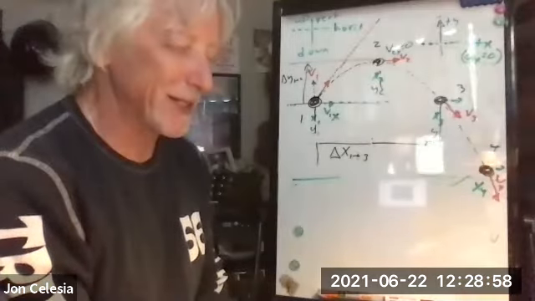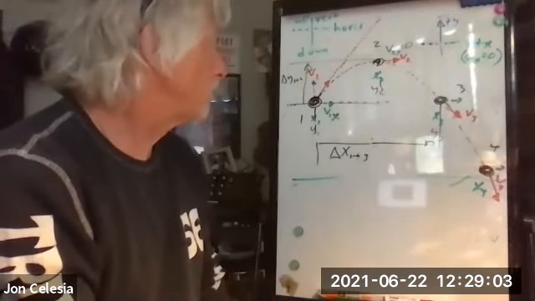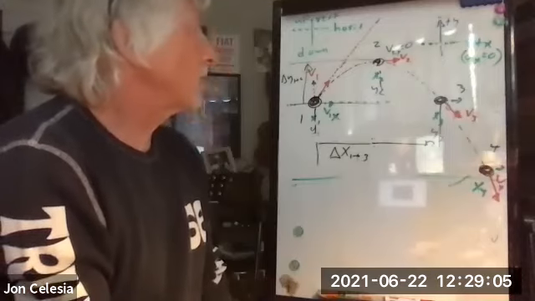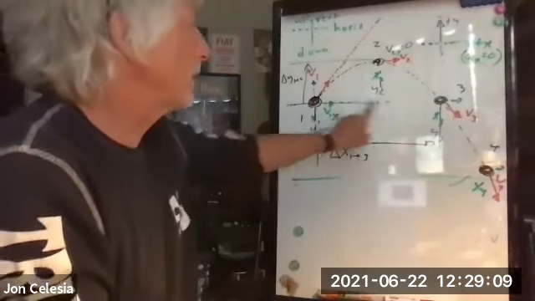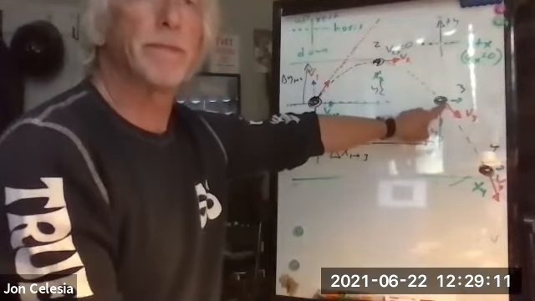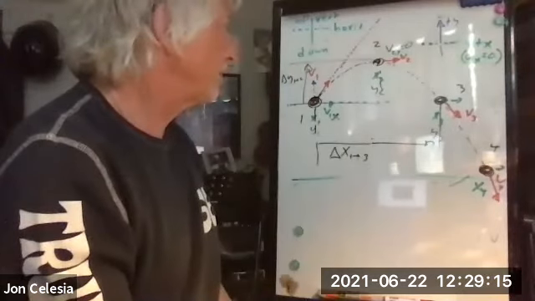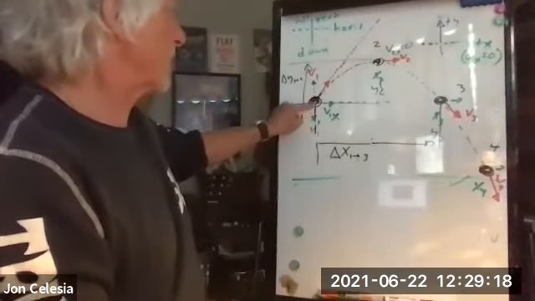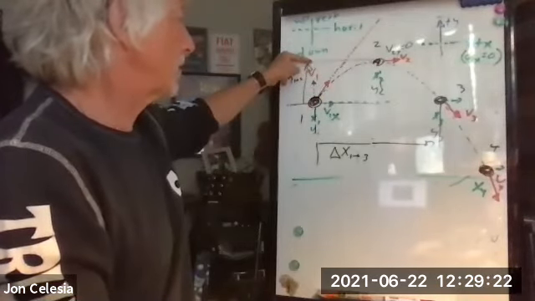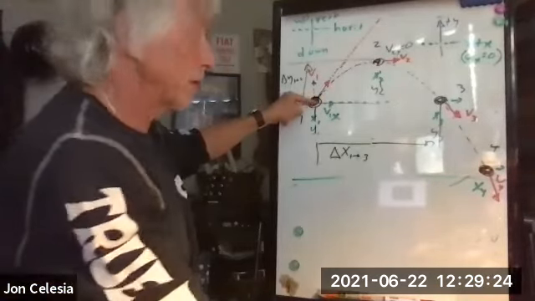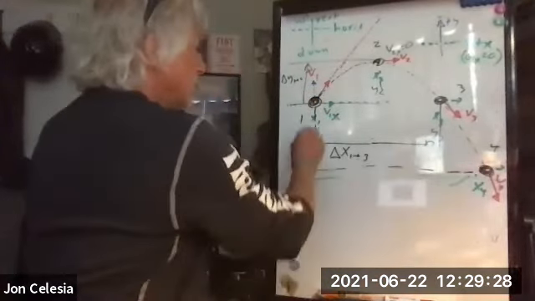You'll get it. It's just right now you're not seeing it, but you'll see it. The vertical displacement from 1 to 3. The vertical displacement 1 to 2 is here up to here. 1 to 4 is here down to here.